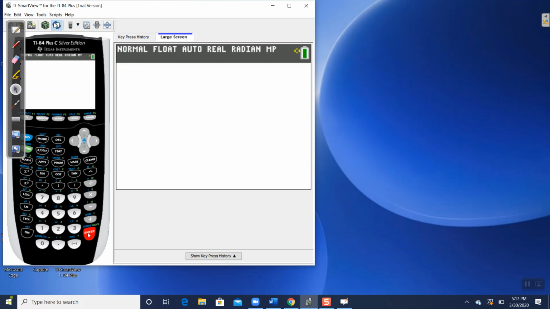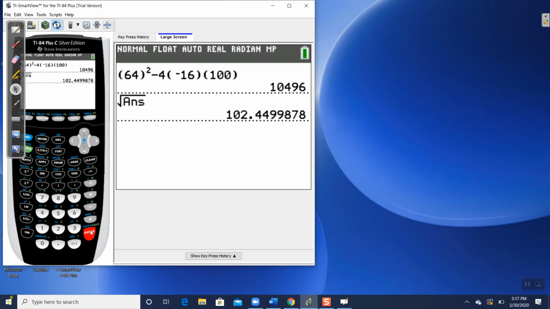Okay, so that'll give me a discriminant value of 10,496. And in a minute, I'm going to need to know the square root of that, so I'm going to go ahead and do that while I'm here. The square root of my last answer is 102.45.